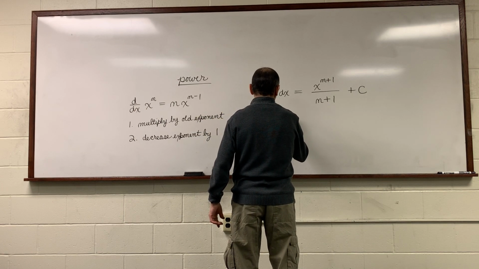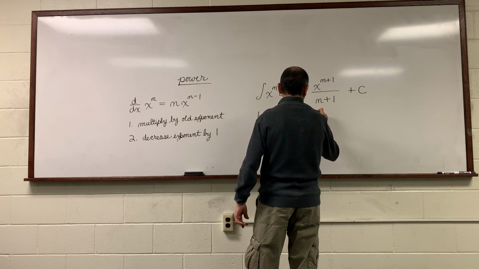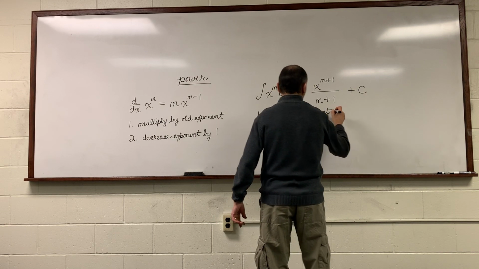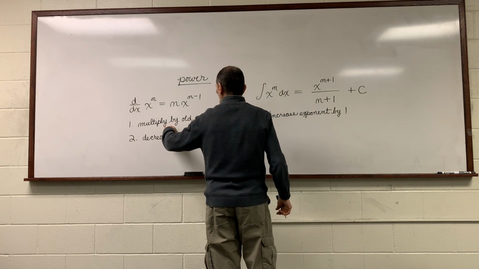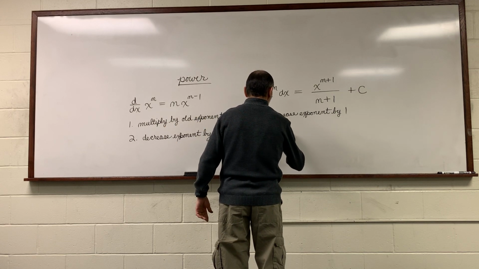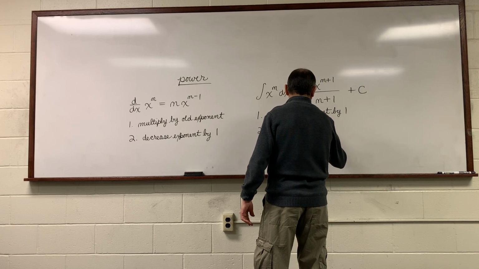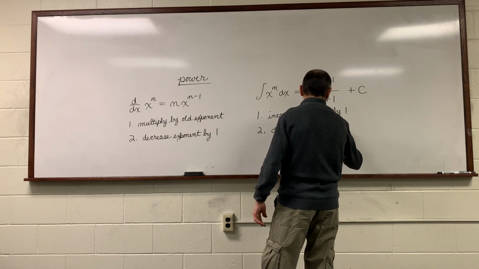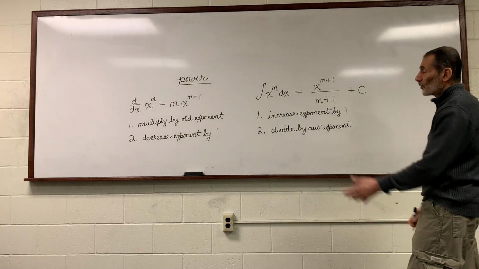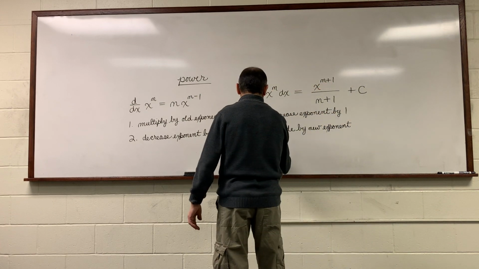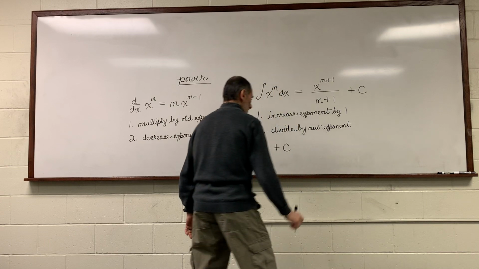We increase the exponent by 1. The second step is the opposite of the first step in differentiation. We divide by, I'll call it, the new exponent. Now, of course, in anti-differentiation, there is a third step that has no analog in differentiation, that is the plus c.